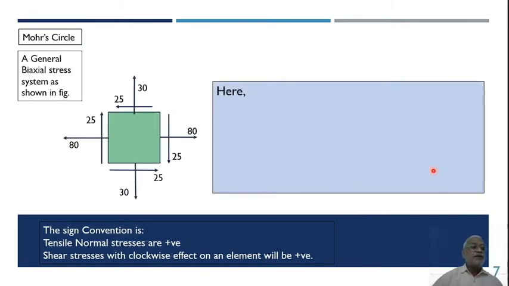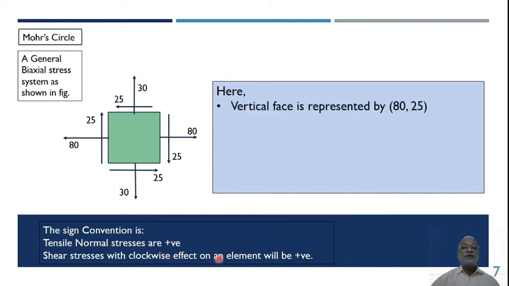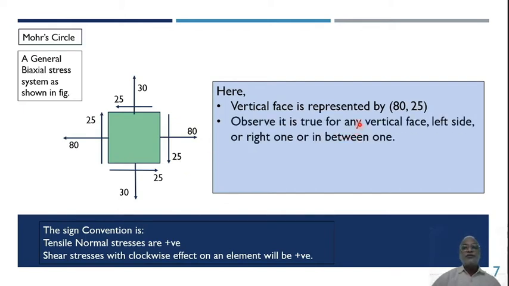Okay. General biaxial system, the same thing, same sign convention. Here the vertical face is represented by 80-25, and look at the way I have written plus 80 plus 25, because it is tensile. This is a clockwise couple, that's why. Now observe, it is true for any vertical face, left side or right side or anyone in between. You need not refer to only this face, you can take this face also.